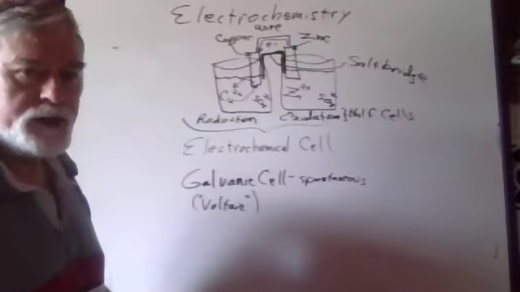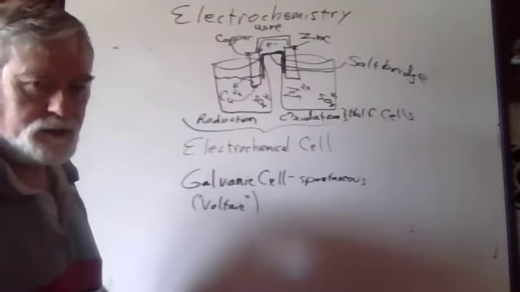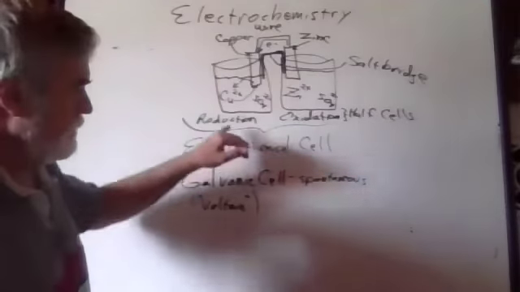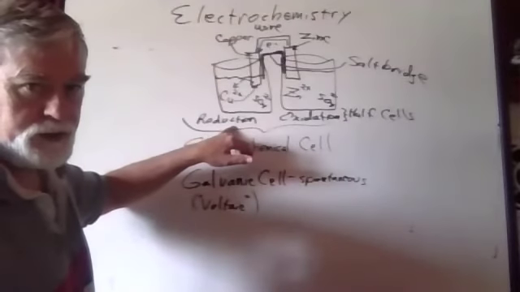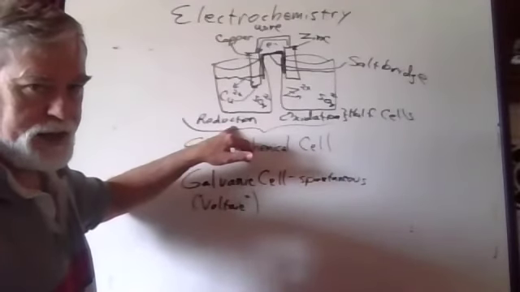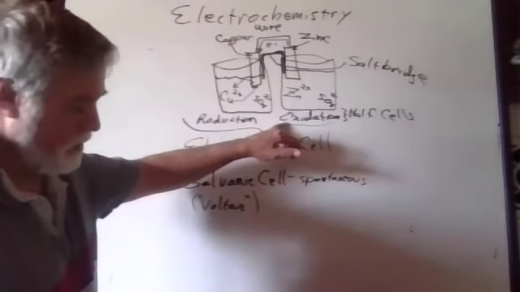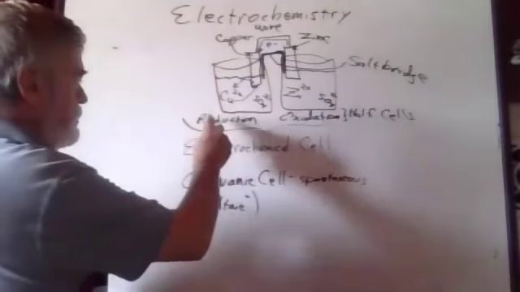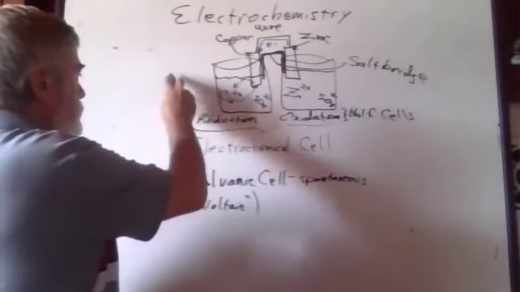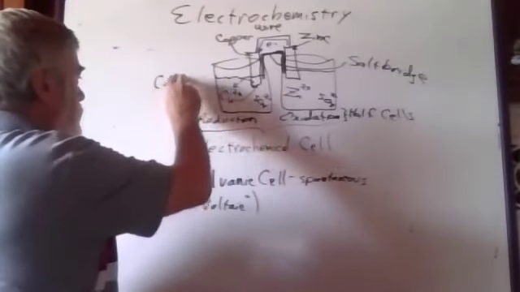One other thing I wanted to mention here, and this just has to do with terminology. The half cell where reduction takes place is called the cathode, and the half cell where oxidation takes place is called the anode. So right here, this reduction side would be the cathode.